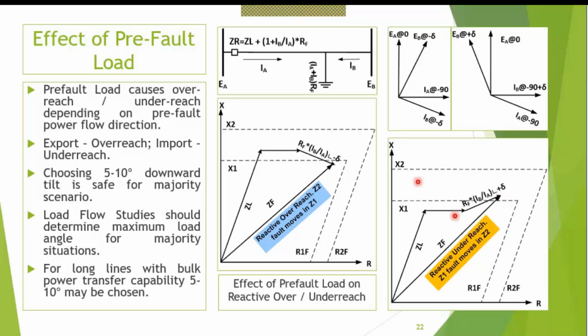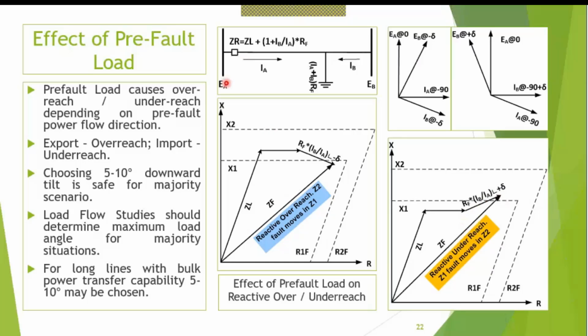You can find them in any book, and you can understand from this if you work it out a little. Let me go a little bit faster. The main thing is that if it's an import initially, then overreach will happen. If the load is from EB to EA, then the fault point will move upward, so a zone 1 fault can be seen in zone 2, which is underreach.